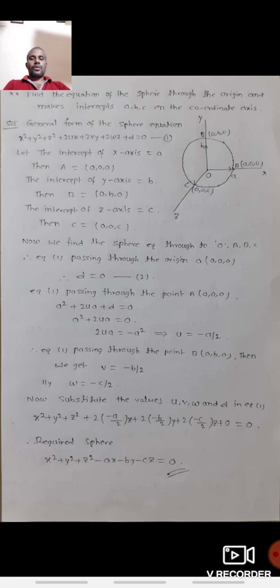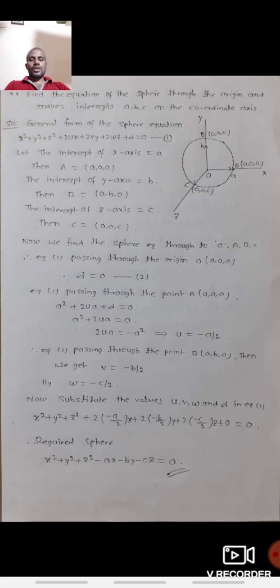First of all we take the origin point. Equation 1 is passing through the origin (0, 0, 0). Then we get d = 0. Let us denote it as equation 2.